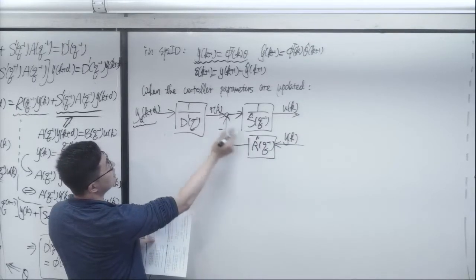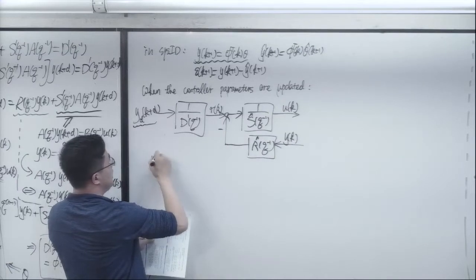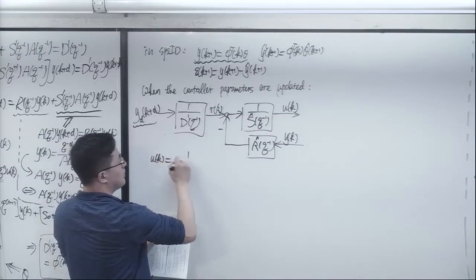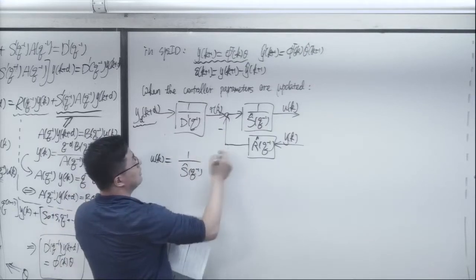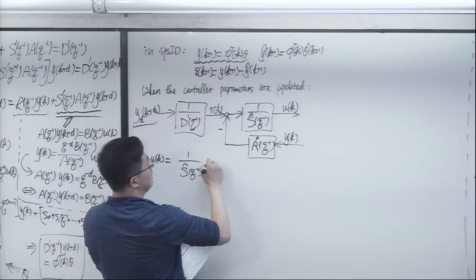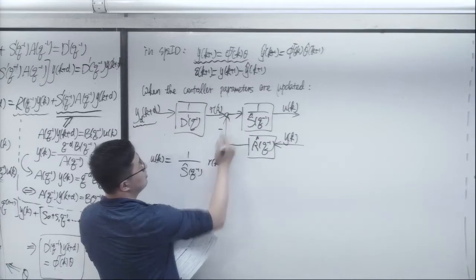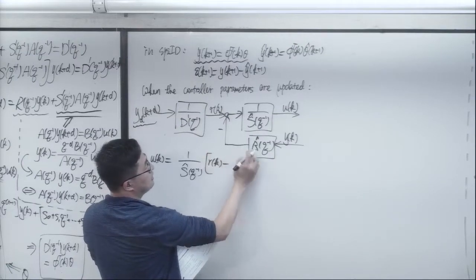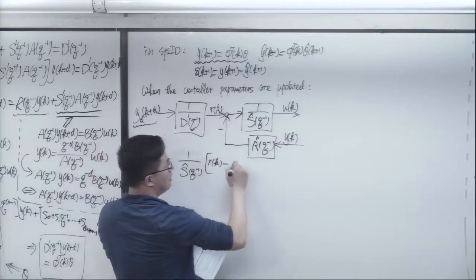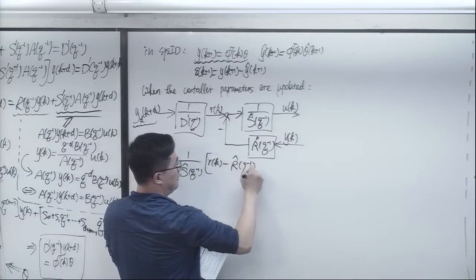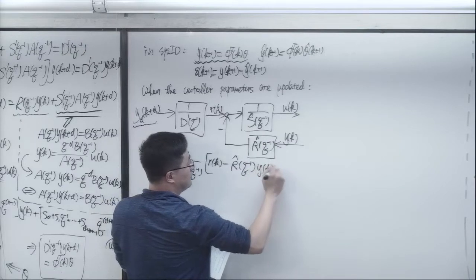This is saying that u_k is 1 over S prime, S hat, and then r_k minus this R hat y_k signal.